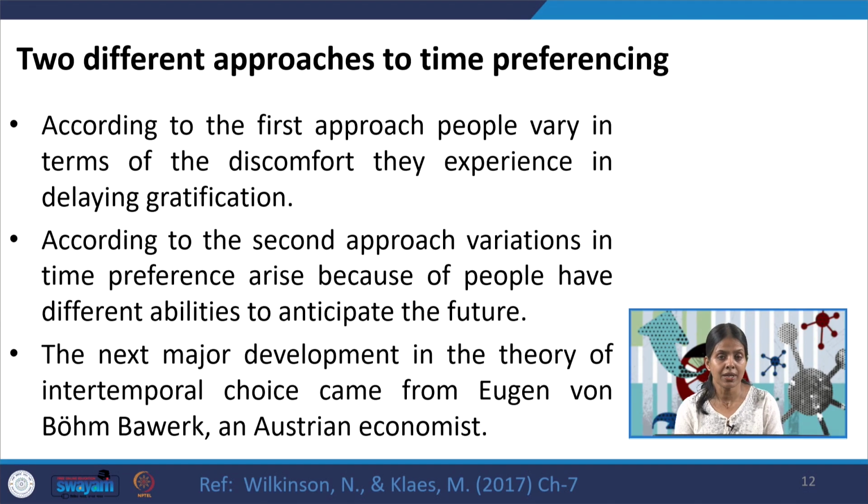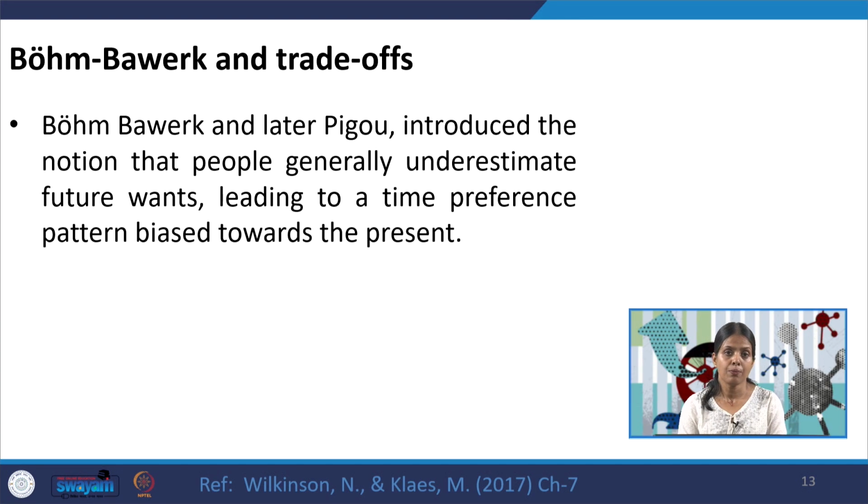The next major development in the theory of intertemporal choice came from Eugen von Bohm-Bawerk, an Austrian economist. Bohm-Bawerk and later Pigou introduced the notion that people generally underestimate future wants, leading to a time preference pattern biased towards the present.